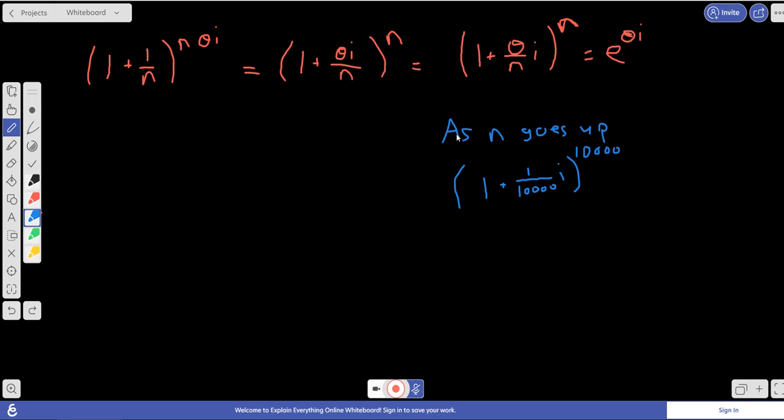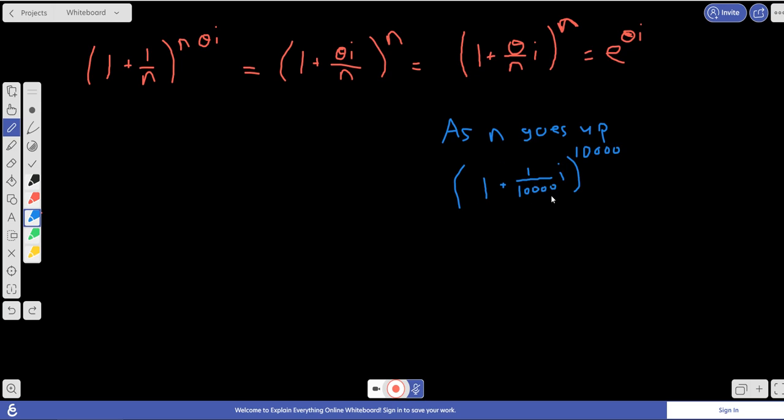Now if we look at the case where n goes up really, really high, we're left with a complex number with a very large real part, at least compared to the imaginary part. We have 1 as the real part, and this microscopic little 1/10,000th of an i, which is very small. And of course, it's raised to the 10,000th power. But the point is that as n goes up, this gets smaller and smaller.